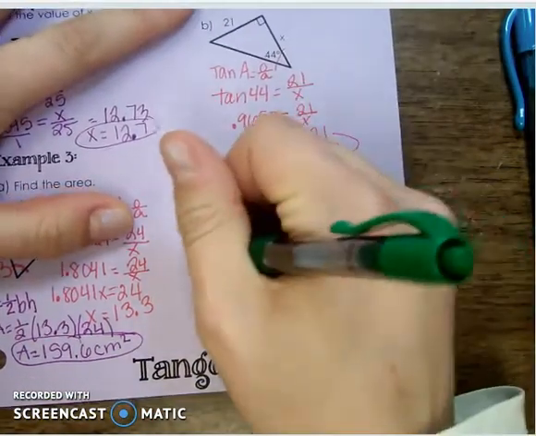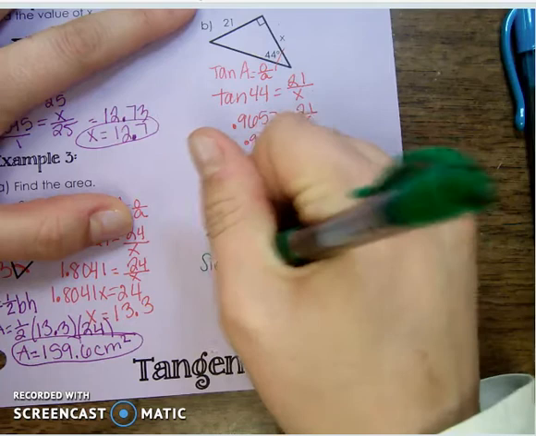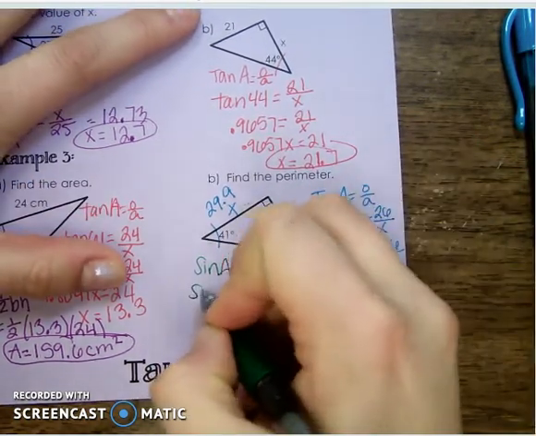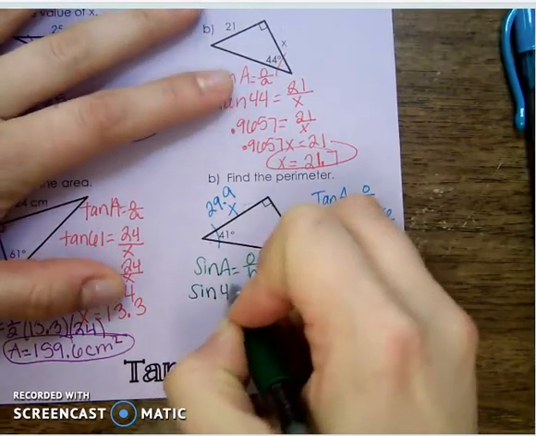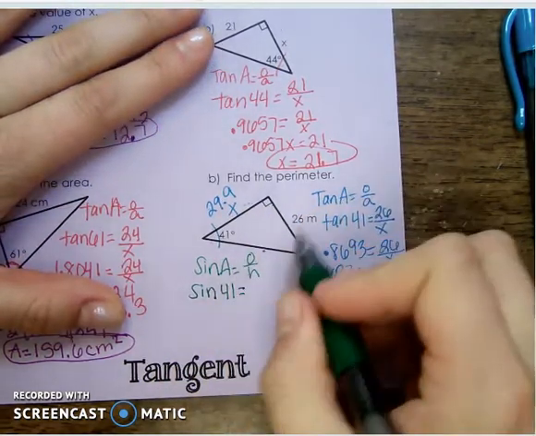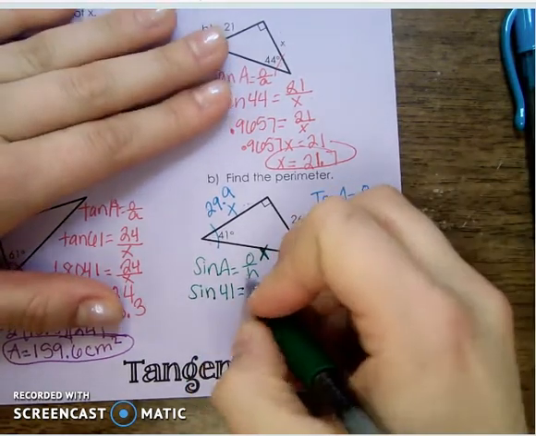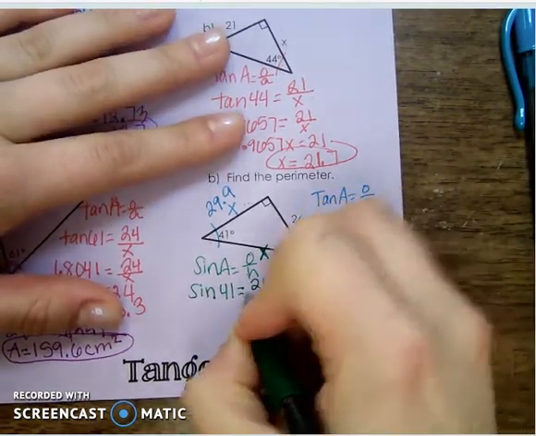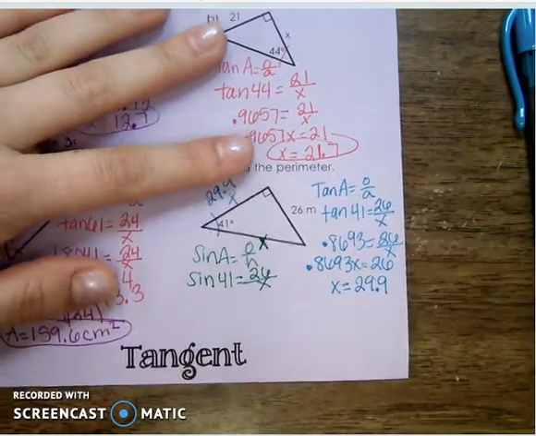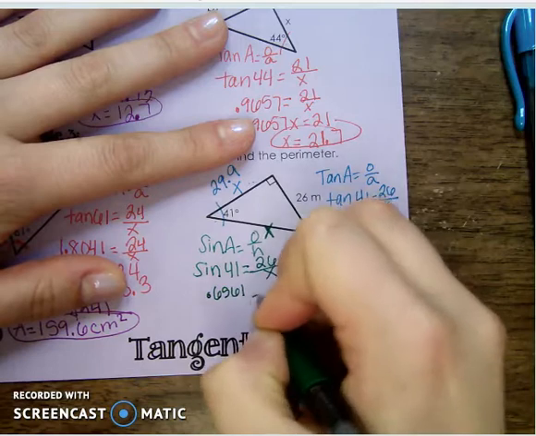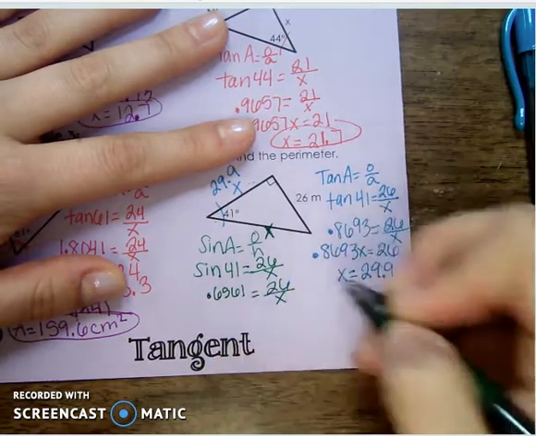We're going to look for the sine of A. So the sine of 41 is 26 over x, now I'm finding this x. 0.6561 equals 26 over x.